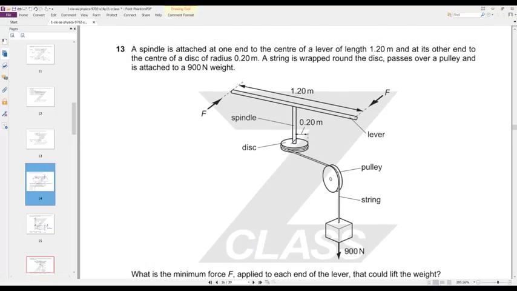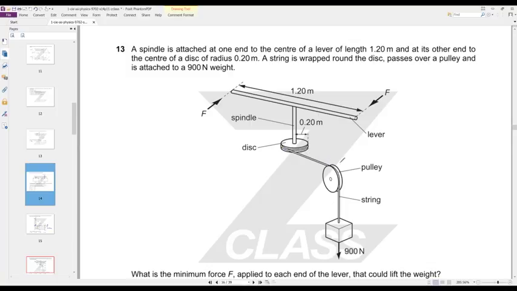So, the spindle transfers moment. That's the important point. The total moment applied by our force F is going to be F times half the distance, the perpendicular distance, which is 0.6 meters. That is transferred down to the disc, but because the distance is now shorter, we get a considerably larger force coming out of the disc.